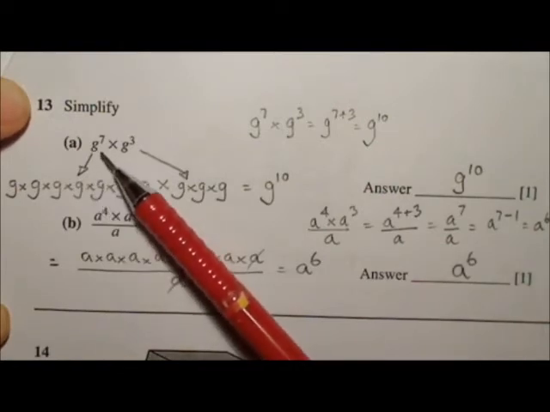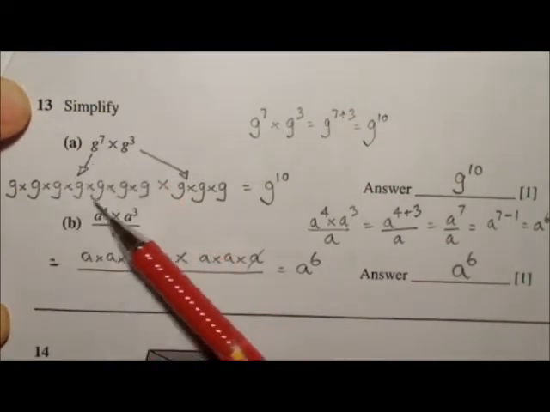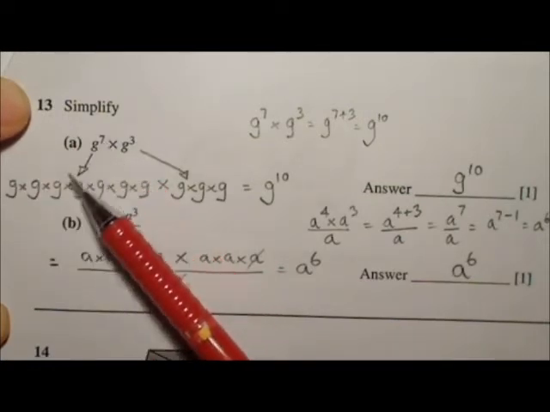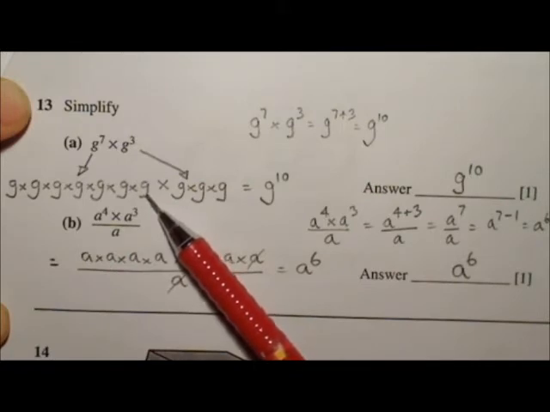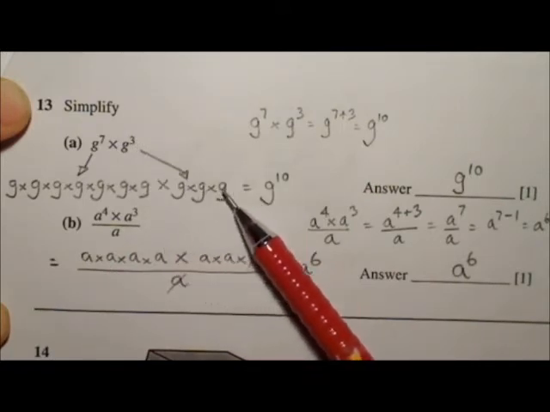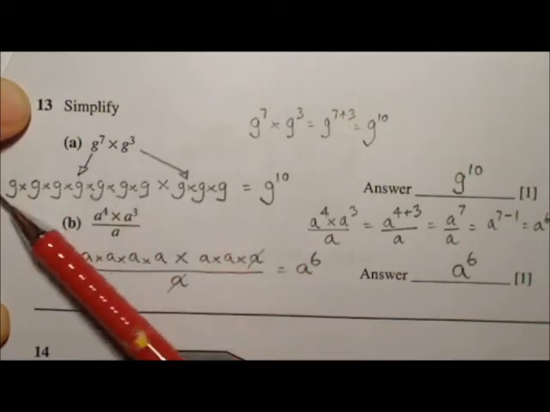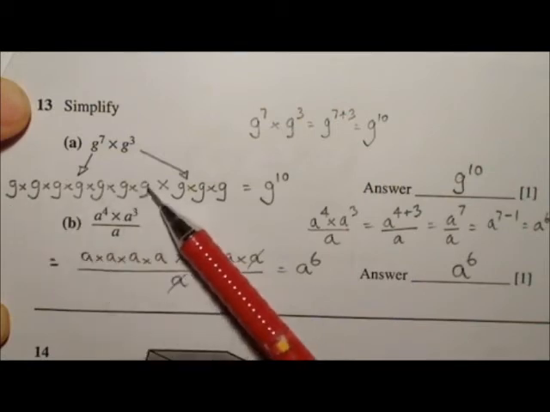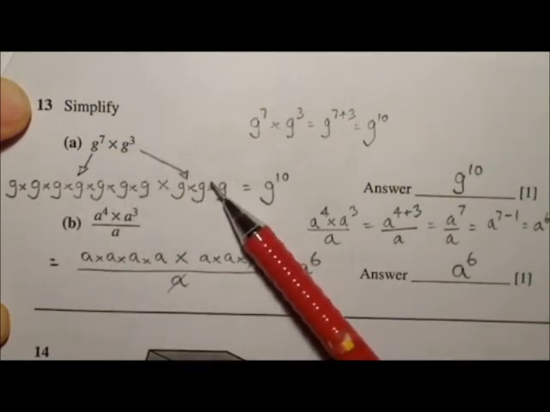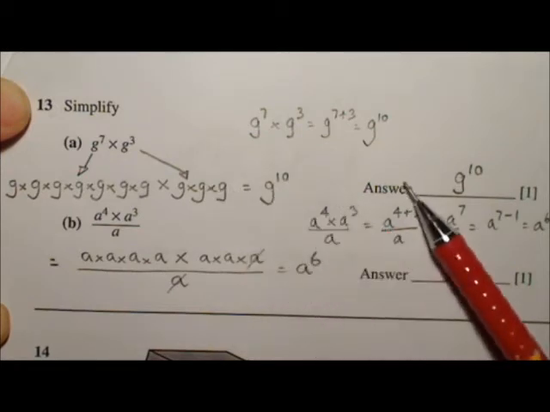And if you want, you can think of g to the power of 7 as really 7 g's multiplied together. This little power number 7 tells you how many g's are multiplied together. So g to the power of 3 is telling you you've got 3 g's multiplied together. So that's the same as 7 g's multiplied together multiplied by another 3 g's multiplied together, and that's the same as g to the power of 10.